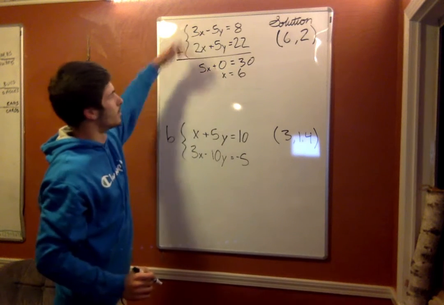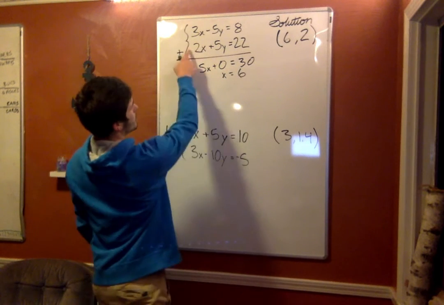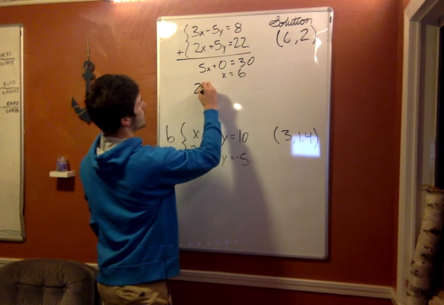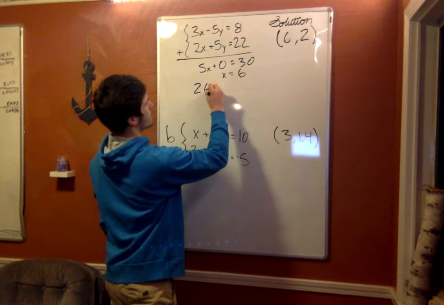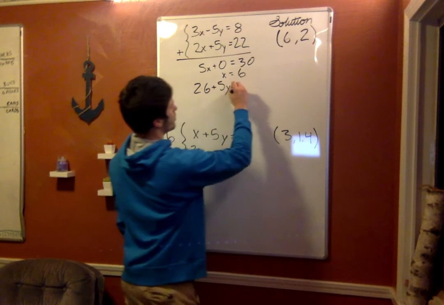Plug that back into either equation. We'll plug it into this one. 2 times 6 plus 5y equals 22.